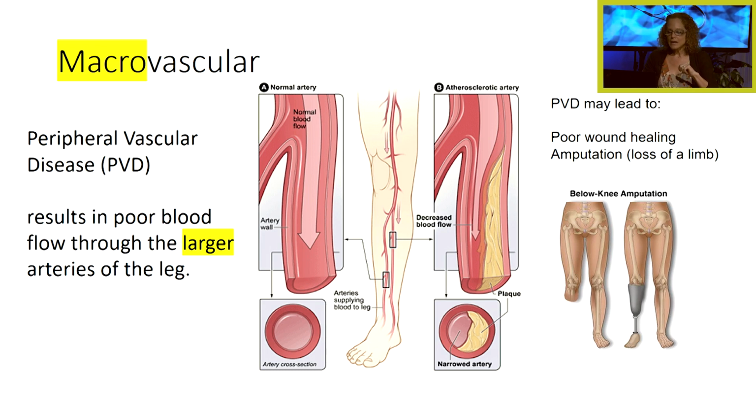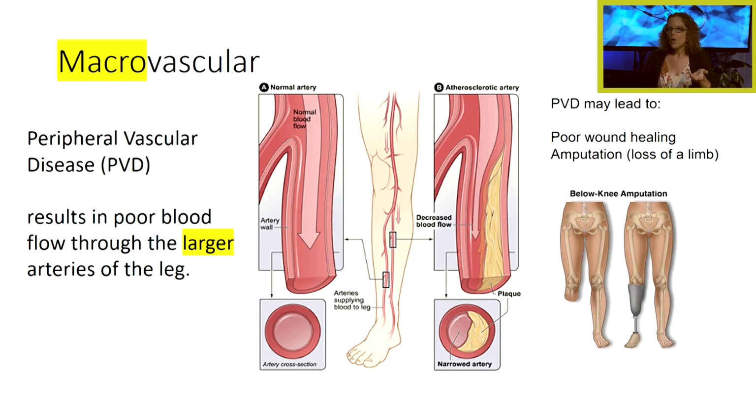And we also know that this type of poor perfusion can lead to not only poor wound healing, but actual amputation, which is when they have to surgically remove a limb after time goes by and the circulation is not good.